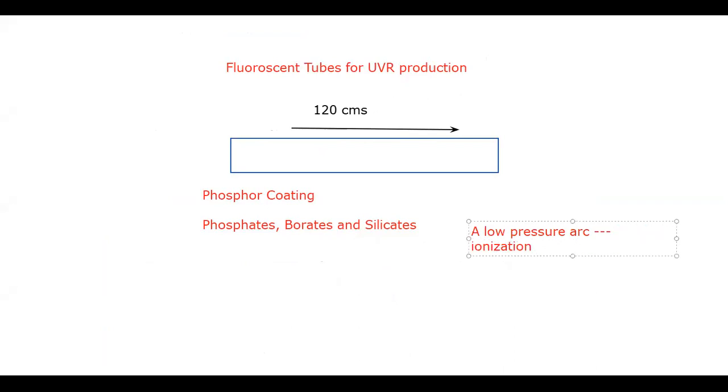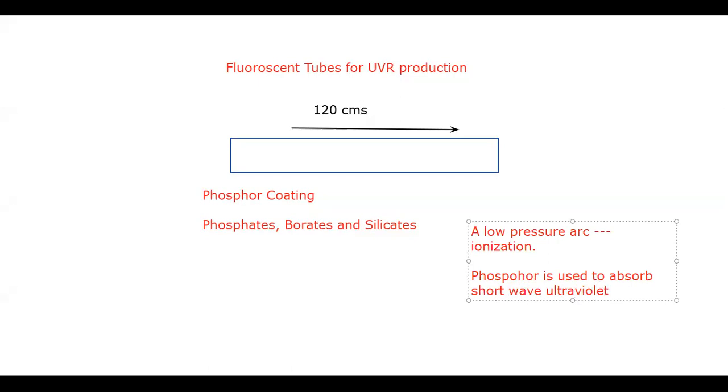So why are we using phosphor? Phosphor is used to absorb short wave ultraviolet.